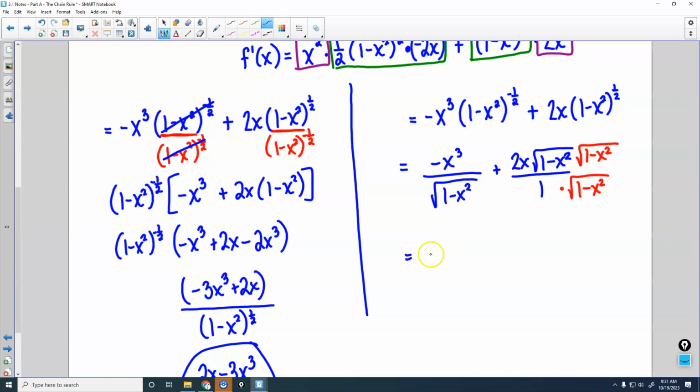Which would give me negative x to the third plus, when I multiply square root of 1 minus x squared times square root of 1 minus x squared, what do I get? 1 minus x squared, right? Square root of something times square root of something just gives you that something. So we get 2x times 1 minus x squared right there. And this would all be over square root of 1 minus x squared.